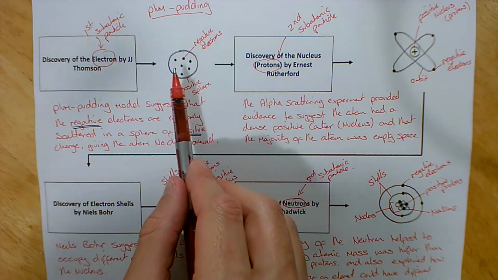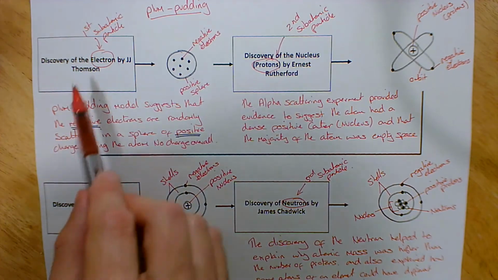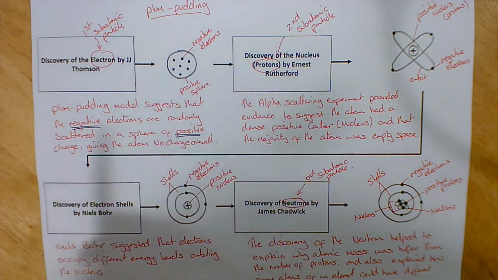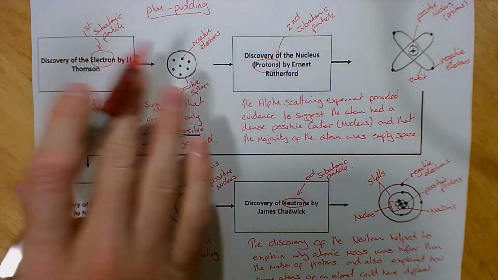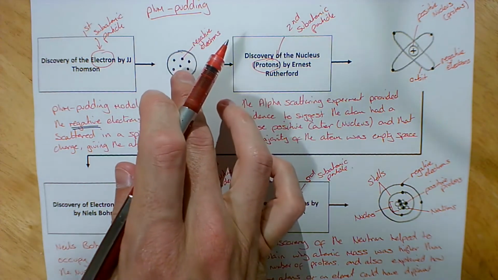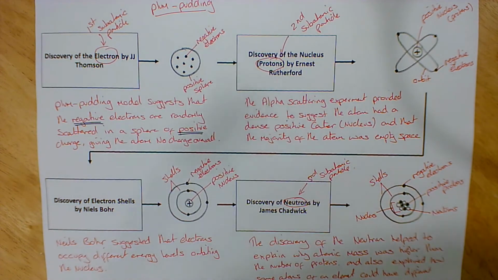How did we get from this model to this model? You need to know how this model came about. So from the discovery of the electron came about the plum pudding model, and then after the alpha scattering experiment we developed from the plum pudding model to the nuclear model proposed by Ernest Rutherford.